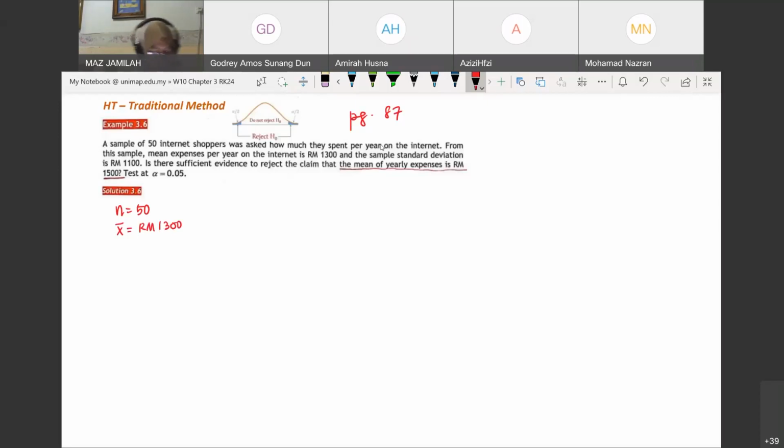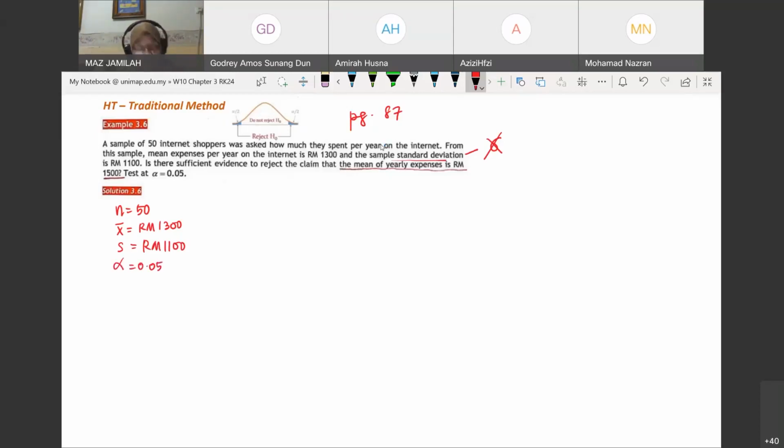And then the sample standard deviation, this is your S, not sigma. So your S is RM 1,100. What else? Your alpha is 0.05.